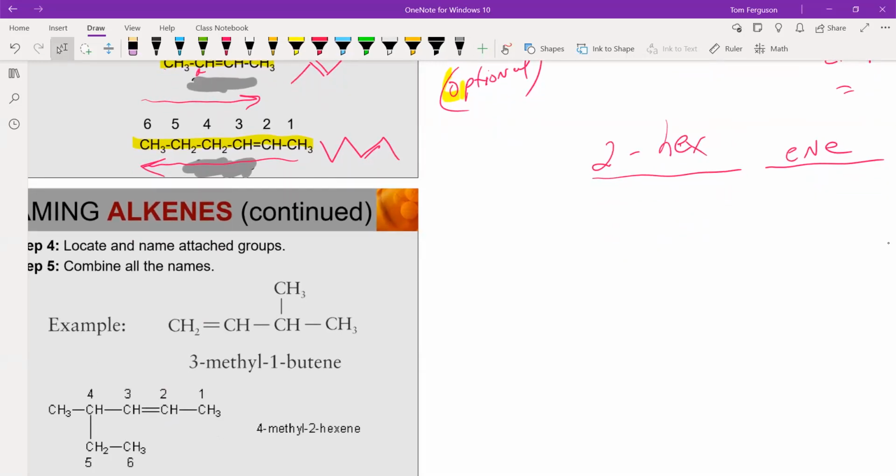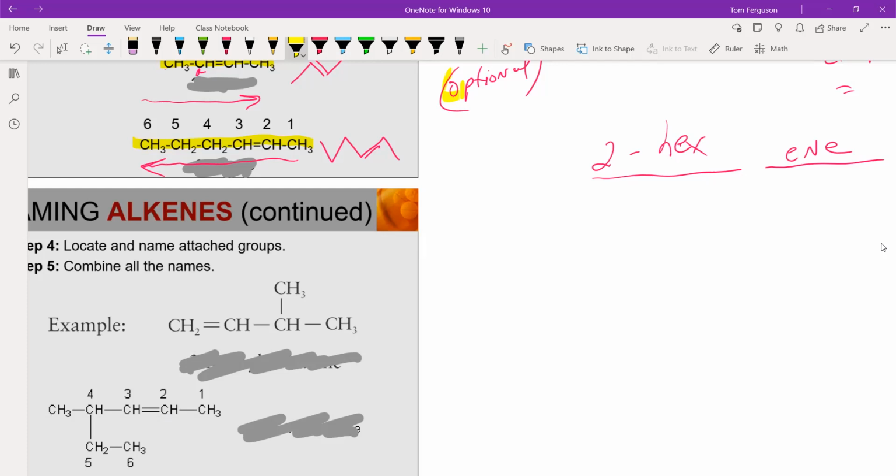Okay, so let's look at one with some branching. Whenever you do a backbone with a functional group, the backbone has to include the functional group.